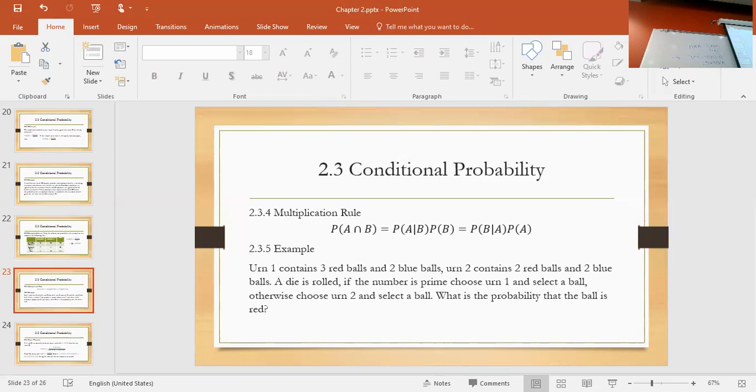So we want probability of A1 intersection A2. By definition of the multiplication rule, this will be either probability of A1 times probability of A2 given A1, or probability of A2 times probability of A1 given A2.